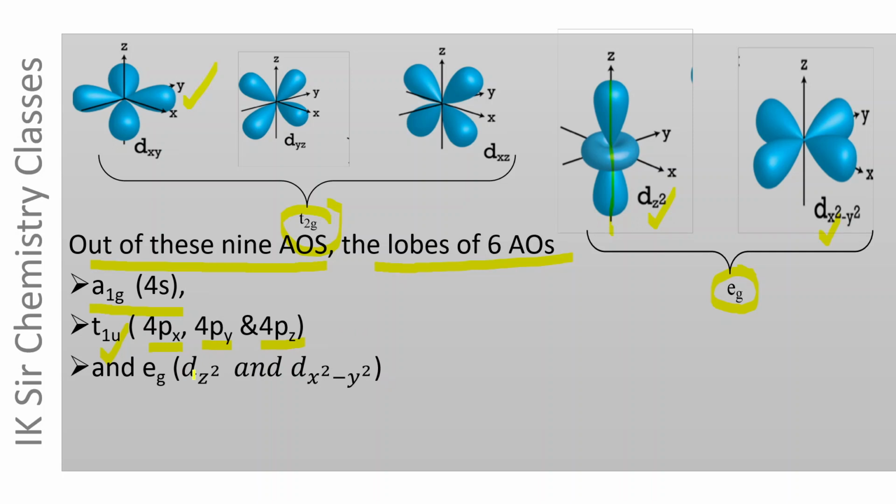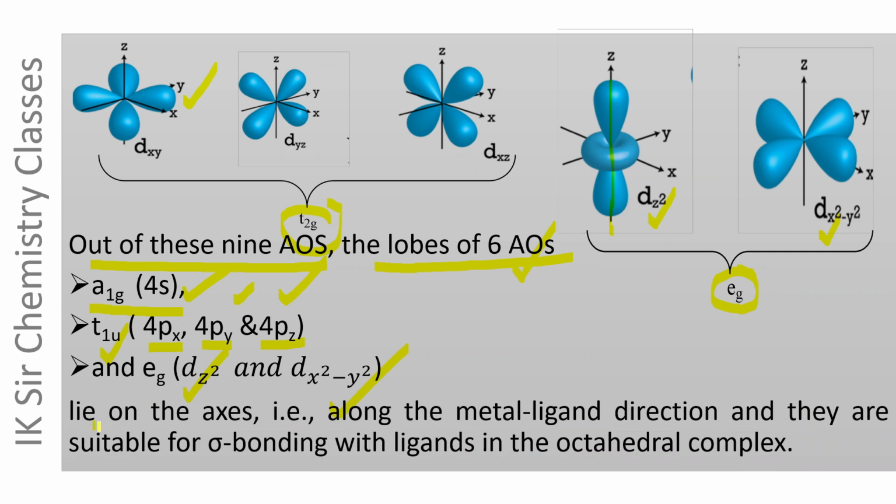The lobes of these 6 atomic orbitals lie on the axis, that is along the metal ligand direction, and hence they are suitable for sigma bonding with ligands in an octahedral complex, because a sigma bond is formed by linear overlapping of atomic orbitals.